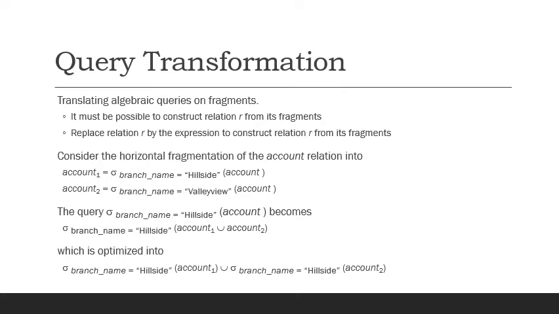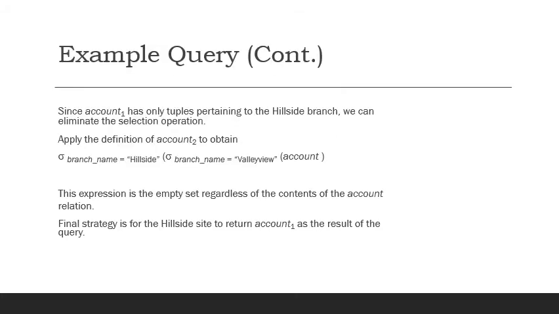Then the query select from account where branch name is equal to Hillside becomes select branch name is equal to Hillside on account 1 union account 2, which is optimized into select branch name is equal to Hillside on account 1 union select branch name is equal to Hillside on account 2.